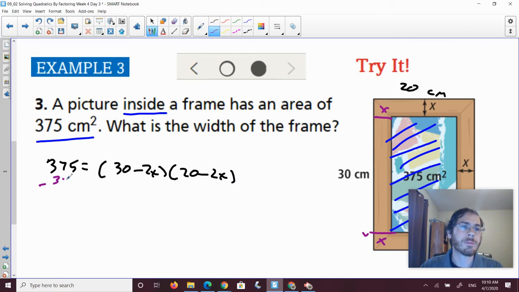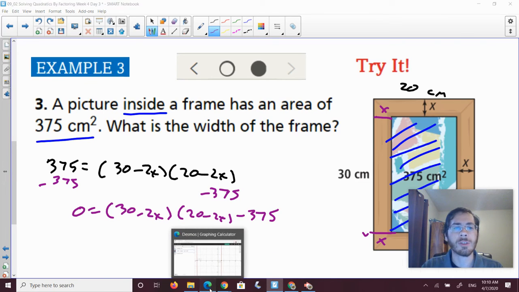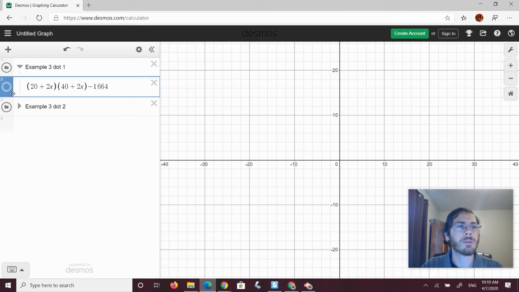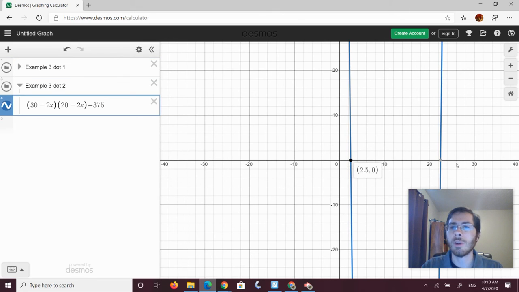First step, subtract so that we get 0 on both sides. 30 minus 2x times 20 minus 2x minus 375. And I'm just going to do what I did last time and plug that right into Desmos. We don't need the first equation anymore. We'll check out the second one. And if we look, we see we got two answers, 2.5 and 22.5.